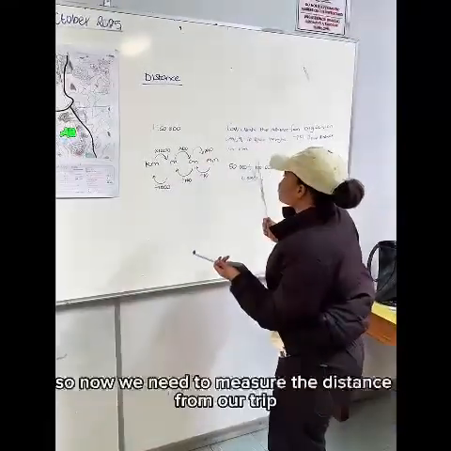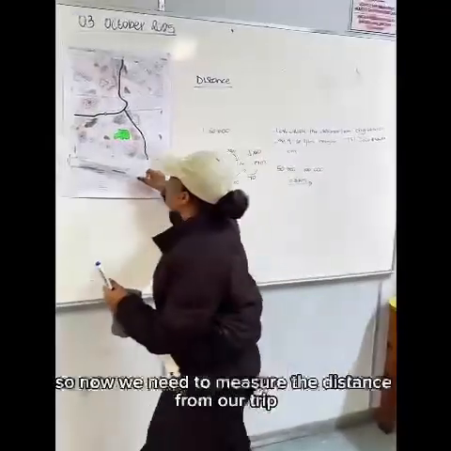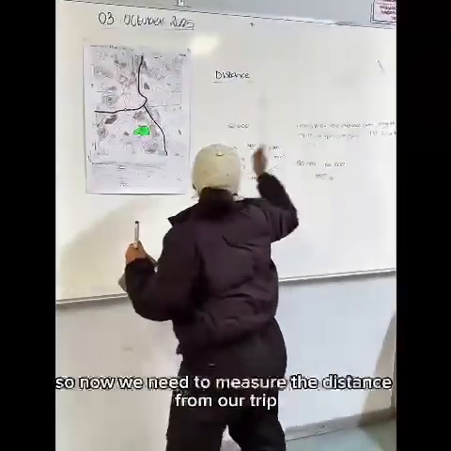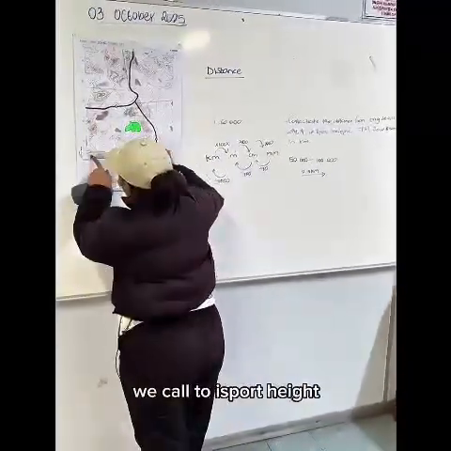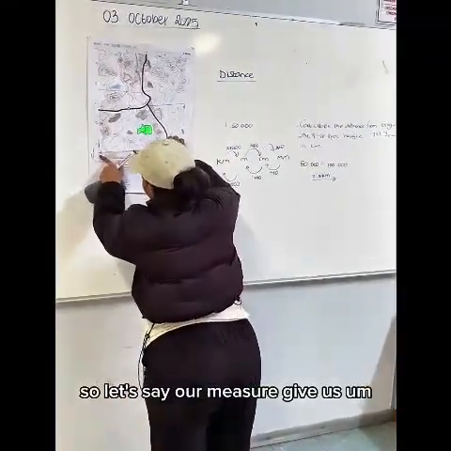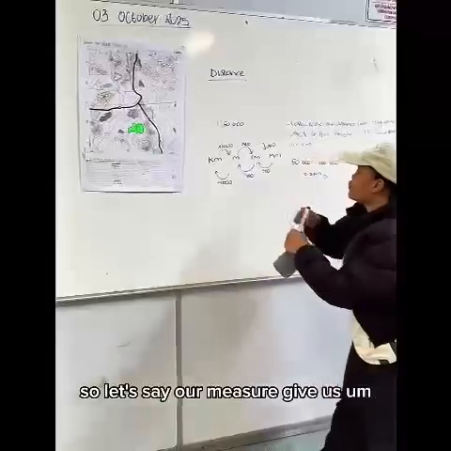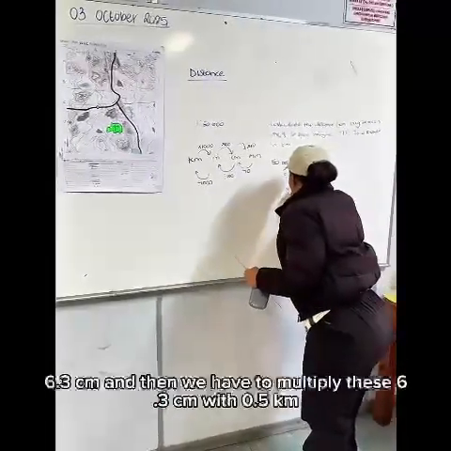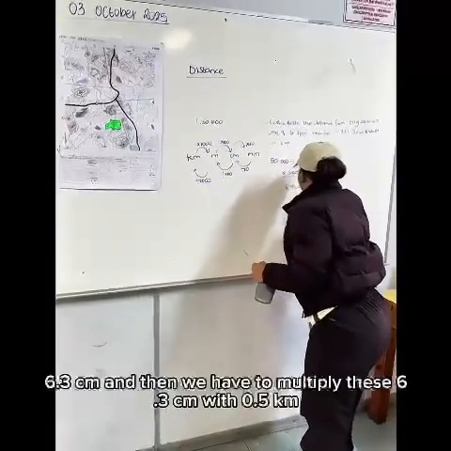Now we need to measure the distance from our trig beacon to the spot height. Let's say our measurement gives us 6.3 centimeters.